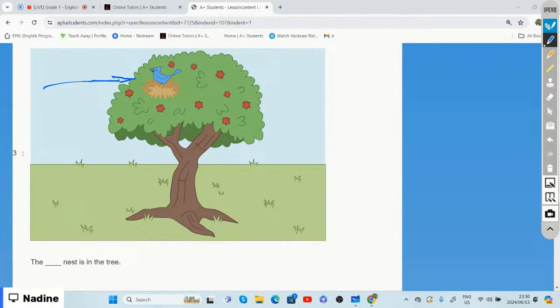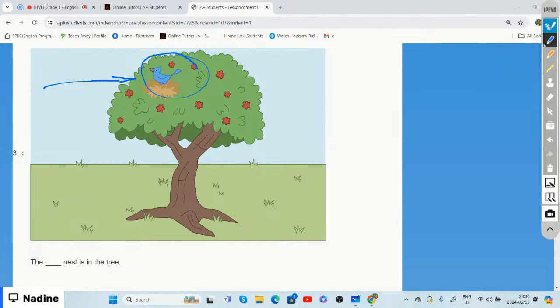All right, so if we look at this specific picture, then we can say the nest is in the tree. Whose nest is in the tree? You look at this little animal over there.